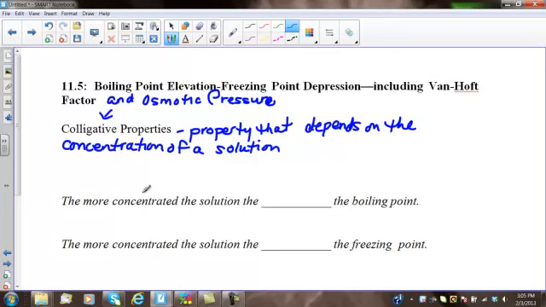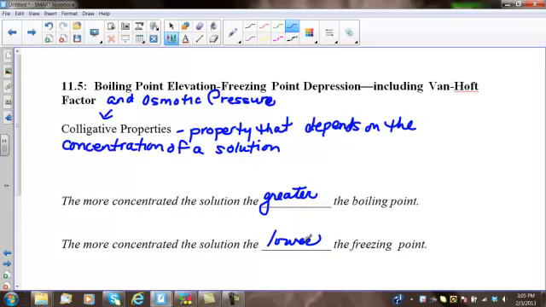So it just depends on basically the number of pieces in the solution. The more concentrated the solution, the greater the boiling point. The more concentrated the solution, the lower the freezing point.